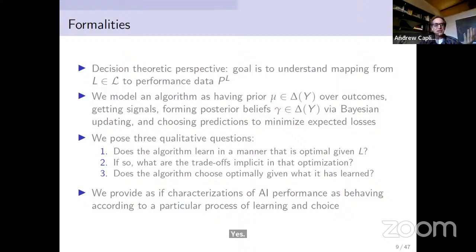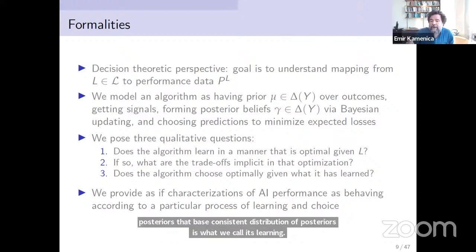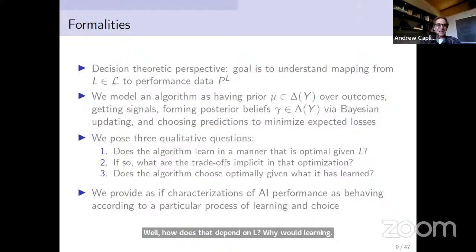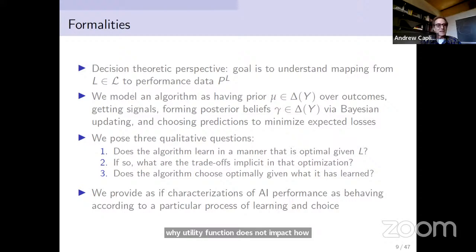Yes, that's correct. And it's the distribution of posteriors, that Bayes-consistent distribution of posteriors, that is what we call its learning. Well, how does that depend on L? Why would the posteriors depend on L? That's what we're going to be exploring. But in general, if it's an as-if Bayesian model, why would the utility function impact how I learn? Yes, it does if I have costs of learning.